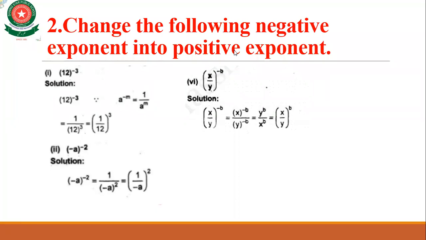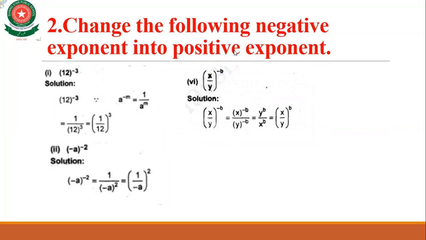So here the part 1 is 12 power minus 3, which is equal to 1 over 12 power positive 3. Now we will take 3 as a whole power of 1 over 12, and this is your answer of part number 1.